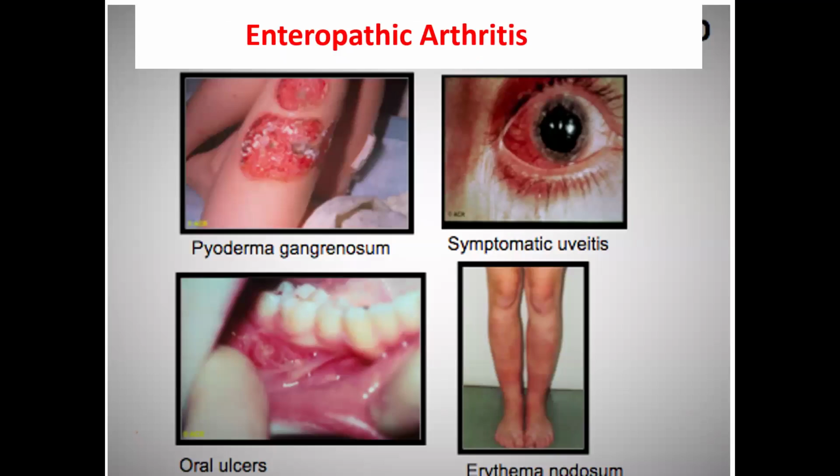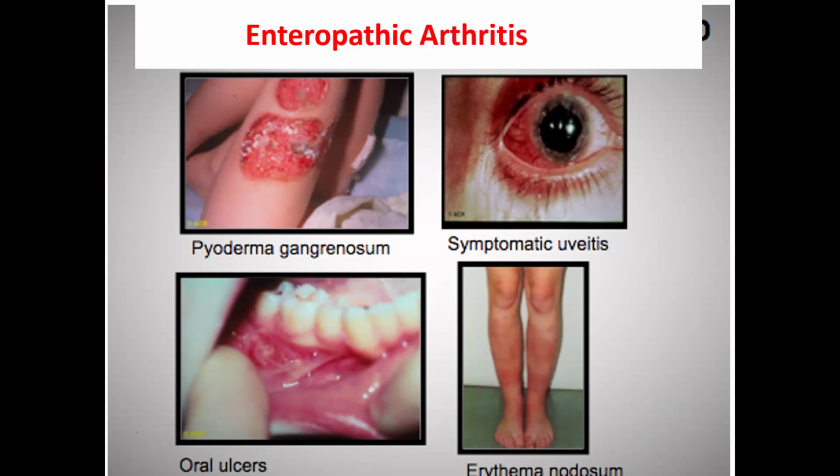Enteropathic arthritis. This is a kind of negative spondyloarthropathy that occurs with inflammatory bowel disease such as ulcerative colitis and Crohn's disease. Characterized by uveitis, pyoderma gangrenosum. This is pathognomonic, guys. Erythema nodosum, also pathognomonic, and oral ulcers.